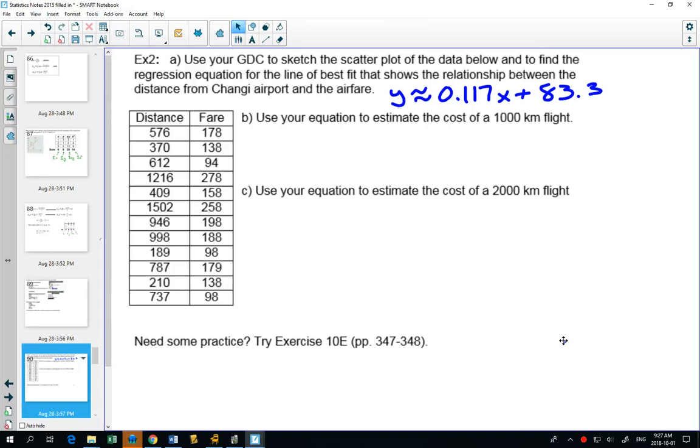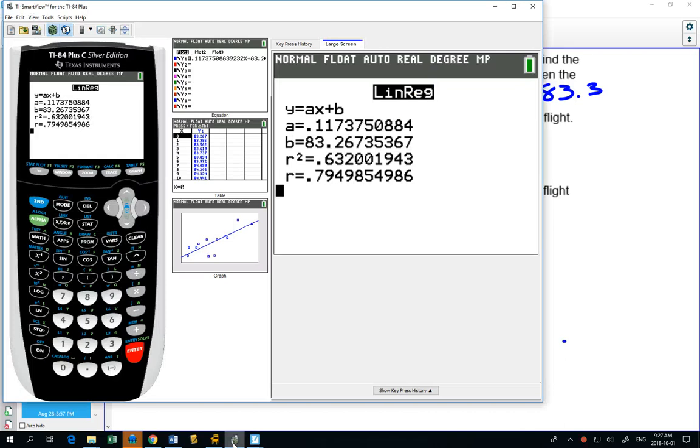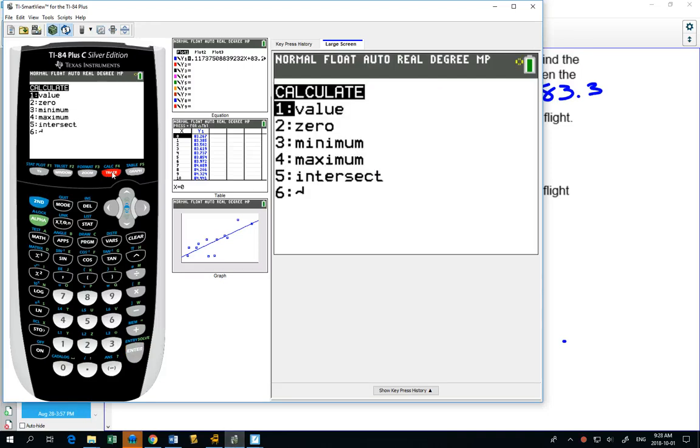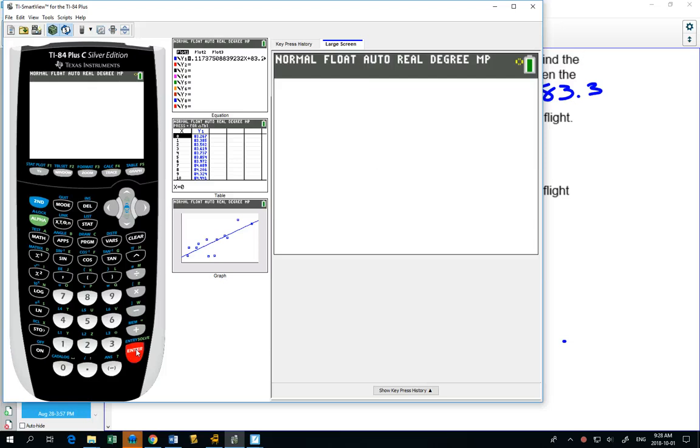Now we're going to use this equation to estimate the cost of a 1,000-kilometer flight. So we go back to our calculator. What do I know? I know my x value. Some things that I can calculate using my equation. I can go second, calculate on my graph any value.